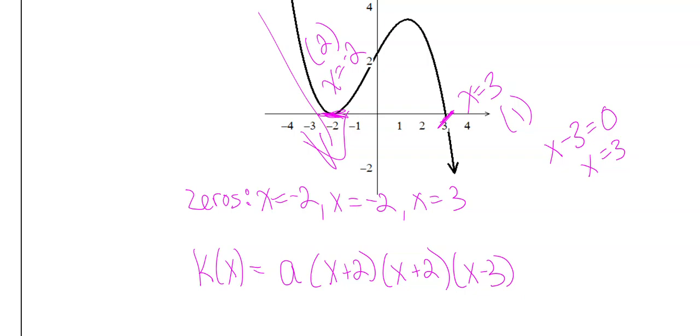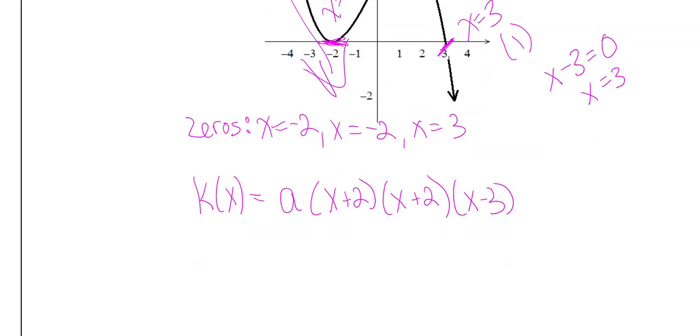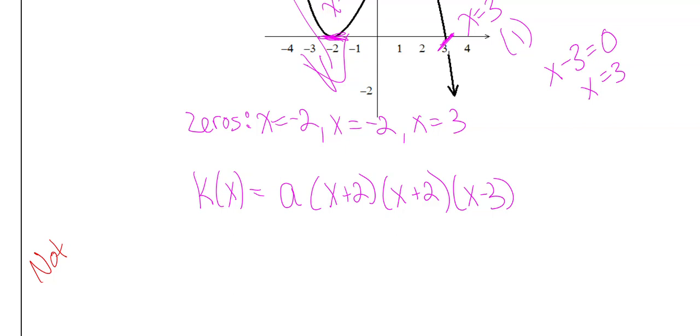But what we also know is that the y-intercept is about there. So we're going to make a note that the y-intercept is at 0, 2. So what does that mean? It means on this graph, we have an x value of 0 and a y value of 2.